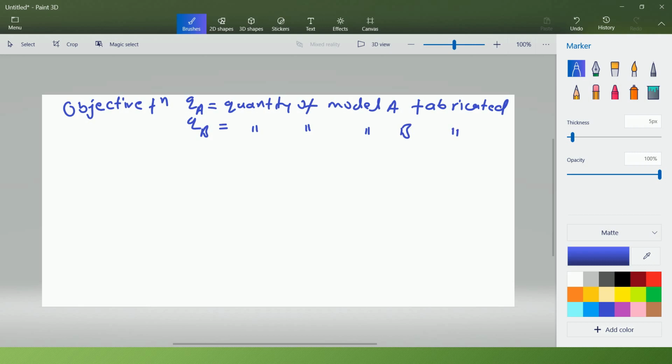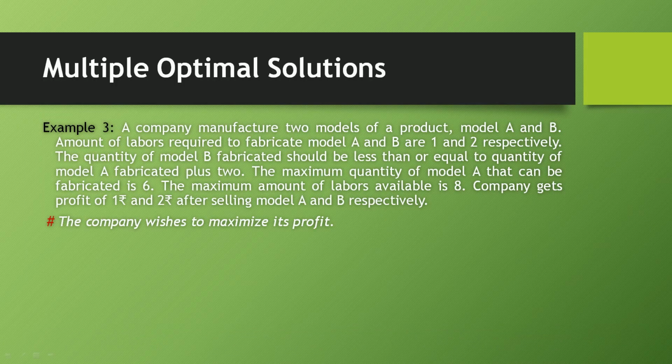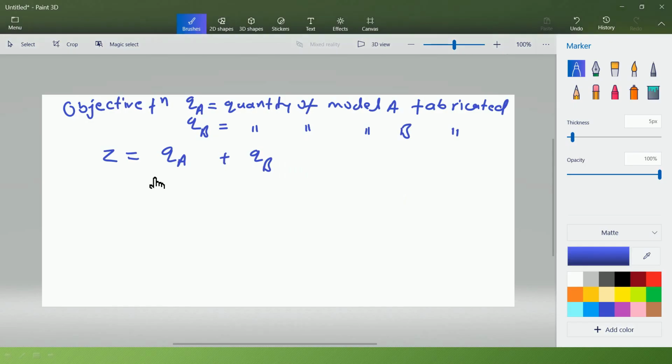So the objective function Z can be written as QA plus the quantity of QB. So we are obtaining 1 rupee for model A and 2 rupee for model B. So we will multiply here by 1, which will be 1. So here we will multiply by 2. So this is our objective function.